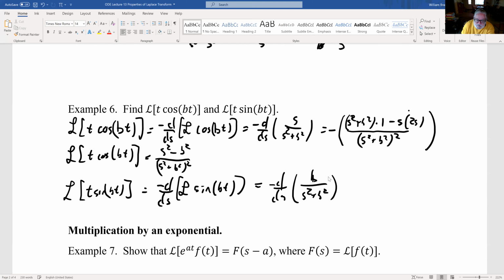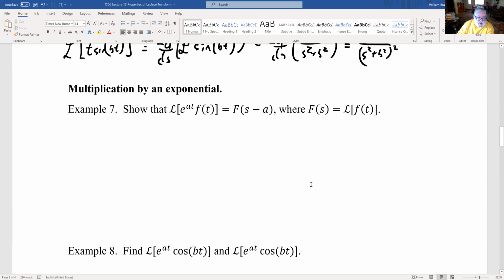So there's no s in the top here for sine, and so we just end up with 2bs over s squared plus b squared, quantity squared in the bottom. So there are our Laplace transforms of t cosine bt and t sine bt. And again, we want to be able to find Laplace transforms of things involved with differential equations. These are all functions that show up in solutions to differential equations.